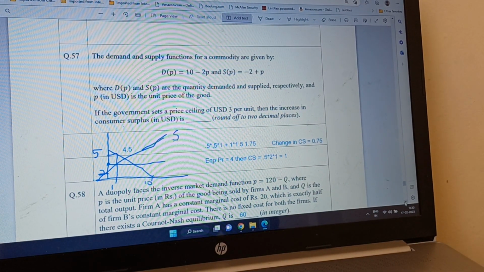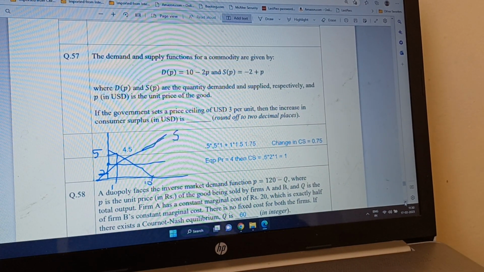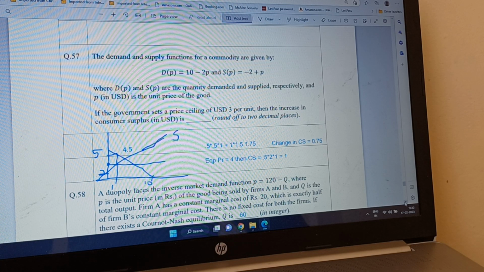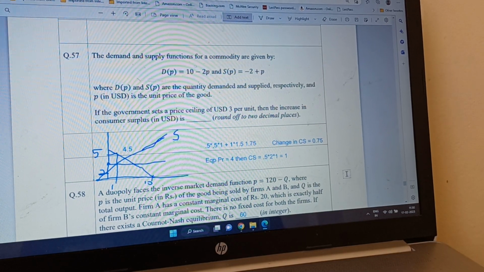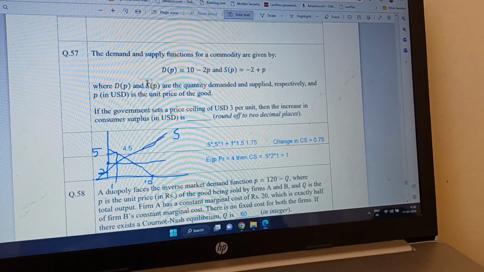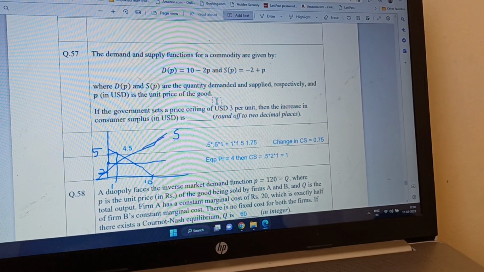So let's start. Question number 57: the demand and supply functions for a commodity are given by D(P) = 10 minus 2P and S(P) = minus 2 plus P. Here D(P) and S(P) are the quantity demanded and supplied respectively, and P is the unit price of the good.